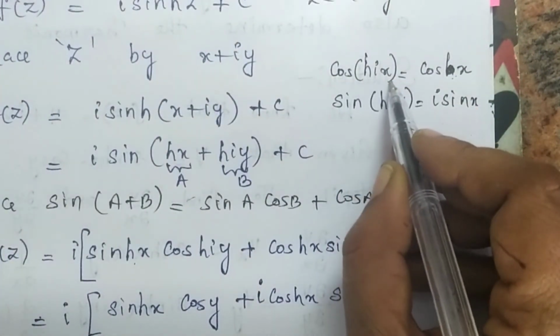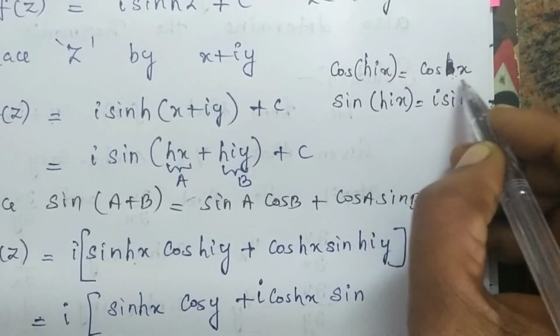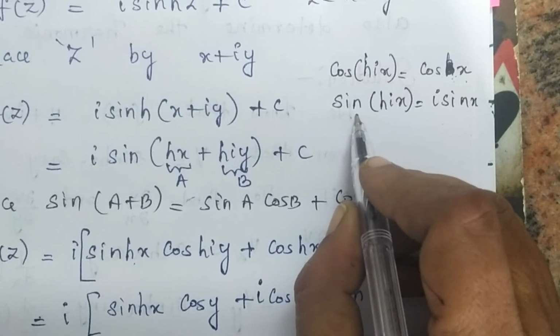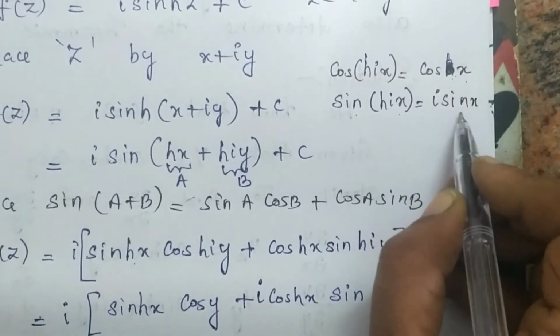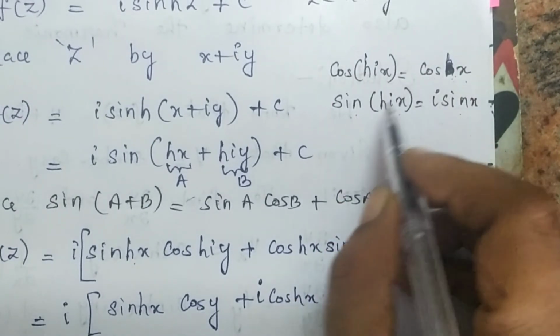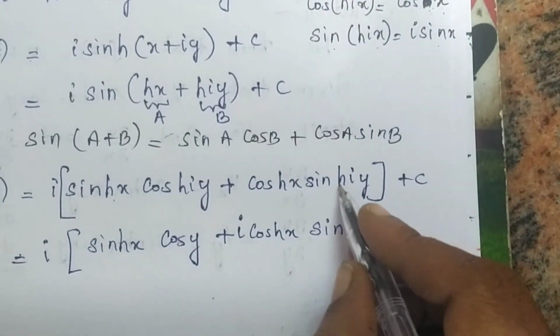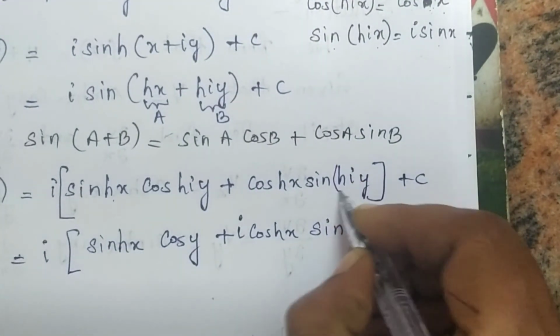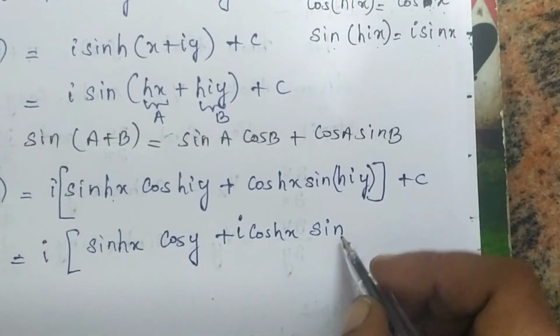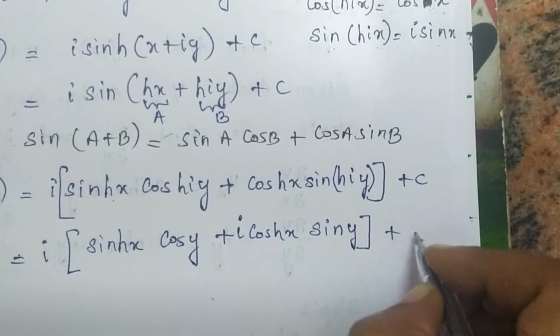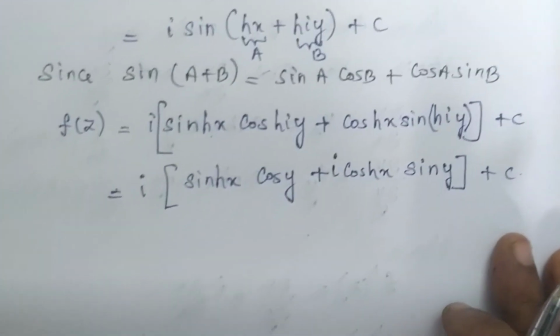cos of hix is simply cos x. This is a circular function, this is a hyperbolic function. Similarly sin of hix is I into sin x. In cos, I does not come here, when sin comes, I comes, the imaginary part comes. So like that here we have sin of hiy, so this can be written as I into sin y, with y as the variable instead of x, plus some integrating constant c.